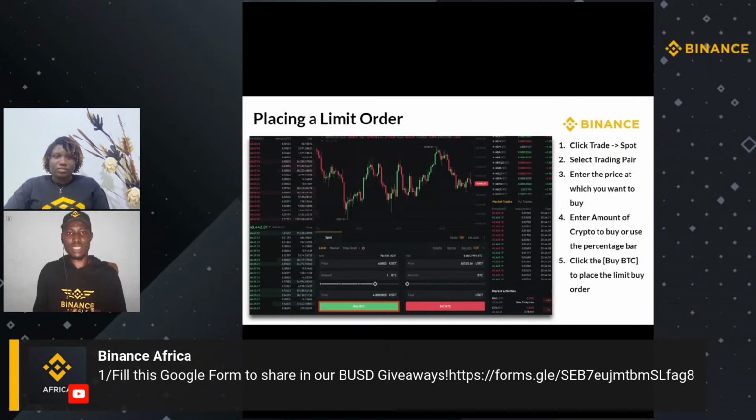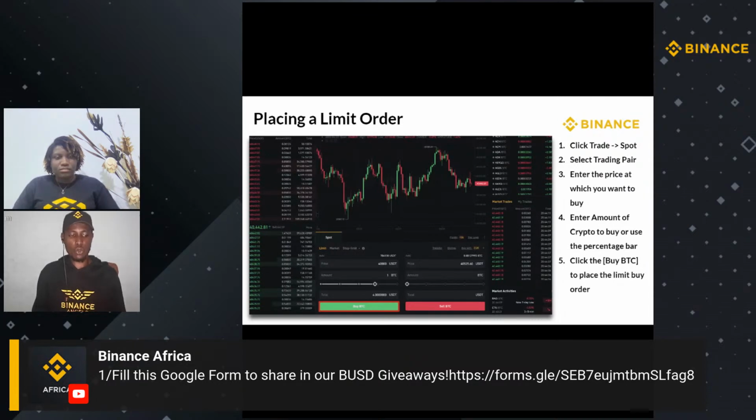Once you fill in the details, all you have to do is click on Buy, and you're buying BTC or BNB. The same approach applies if you're selling: you enter the limit price at which you want to sell that asset, enter the amount you want to sell, and tap on Sell, and that's it. That's it for limit order type.